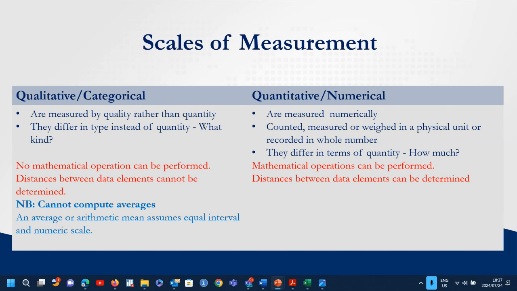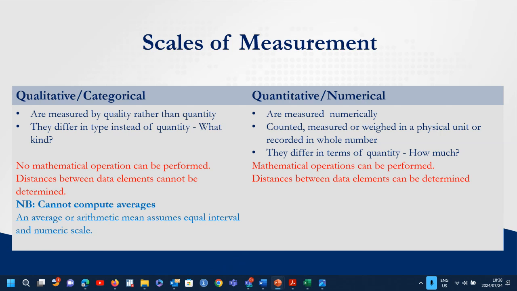So you can count, weigh or measure these variables. They differ in terms of quantity, how much. If you measure me, I weigh 60, and the next person weighs 55. So we differ by maybe 5 kg. That's how we differ, me and the next person in the study.